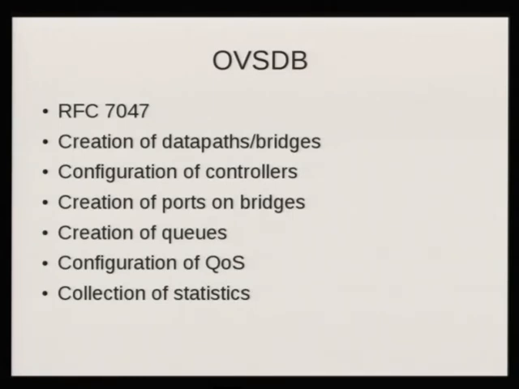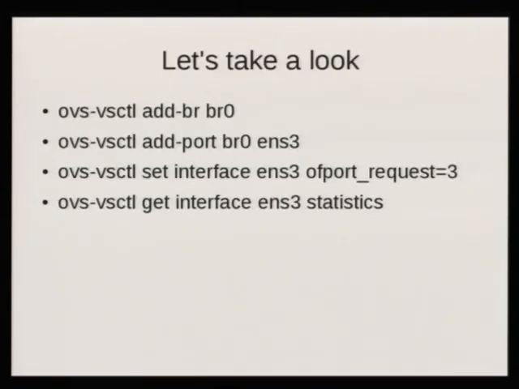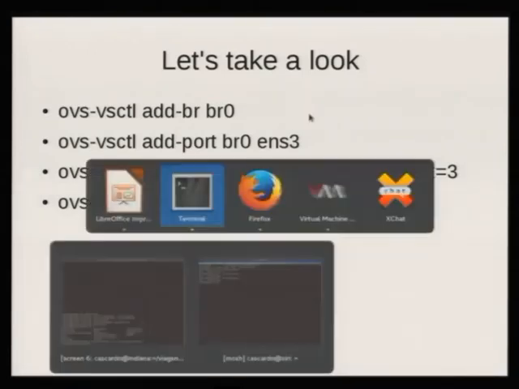Then you create and add ports to bridges, create queues, quality of service, and collect stats. So I'm going to give a quick demo on how I use ovsdb. So let's take a quick look here.